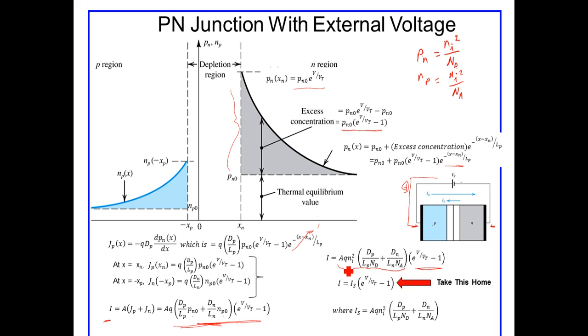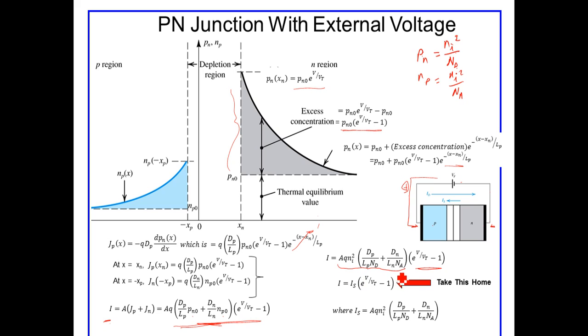Now, we know from our previous conversations that the current flowing in the reverse biased diode was that saturation current I_s. Therefore, this equation reduces down to I equaling negative this as V becomes reverse biased.